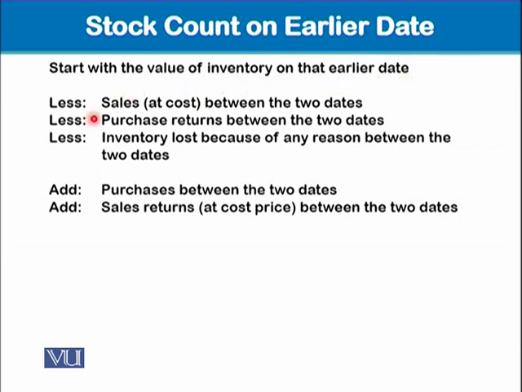From that date till 31st of December X9, there would have been some sales. We will subtract those sales from this date's inventory, less purchase returns between the two dates, less inventory lost for any reason between these two dates, and add the amount of inventory purchased between these two dates, and add the sales return at cost between these two dates.